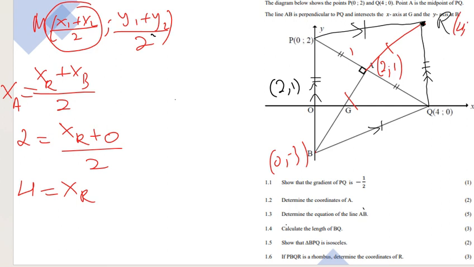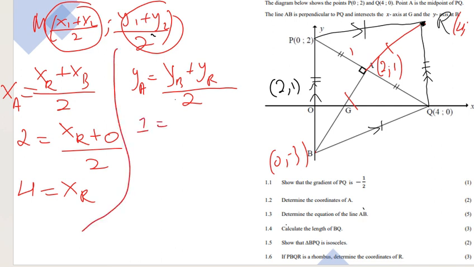Now let's take this part again and write it separately. ya is equal to yb plus yr, the order doesn't really matter, over 2. In place of ya, I'll substitute 1, equal to yb, which is negative 3, plus yr, the one we are looking for, over 2.